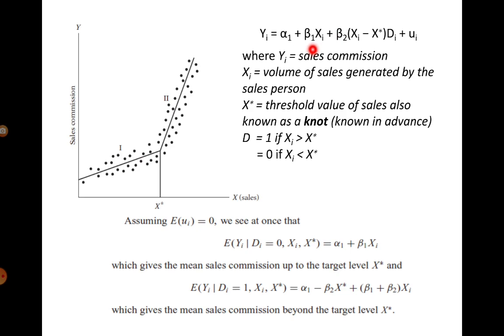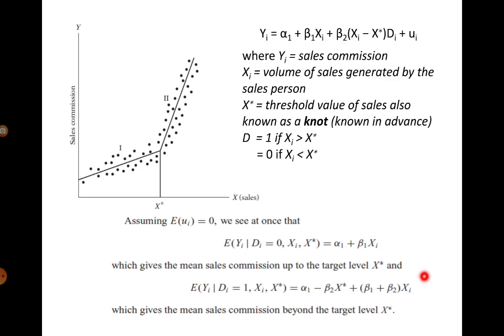Once the volume of sales generated exceeds the threshold level, your mean sales commission will be alpha 1 plus beta 1 xi plus beta 2 (xi minus x star). Once your sales volume has exceeded X star, remember your dummy will take the value of 1. So you have a third term, beta 2 times (xi minus x star).